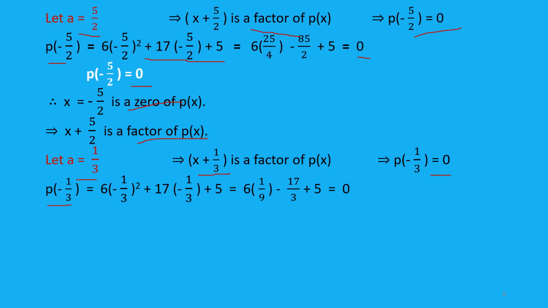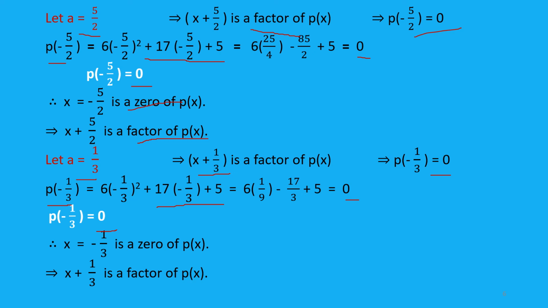So we will get P(minus 1 upon 3) equals 6 into (minus 1 upon 3) whole square plus 17 into minus 1 upon 3 plus 5. And after solving, we are getting 0. So here P(minus 1 upon 3) equals 0. It shows x equals minus 1 upon 3 is a 0 of P(x). That means x plus 1 upon 3 is a factor of P(x).